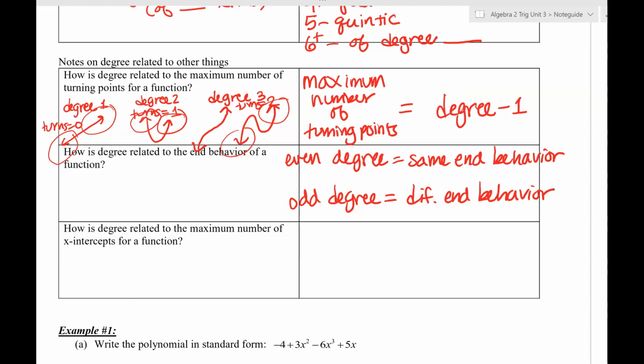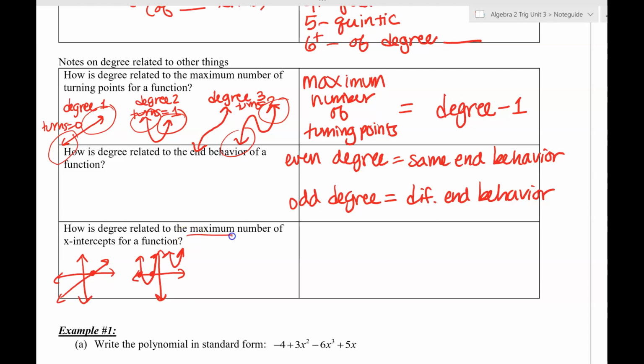So how is degree related to the maximum number of x-intercepts? So if we look at, again, a line, but we put it on the axis, the line will cross the x-axis one time unless it's horizontal, and that's kind of a special case, that constant. A parabola might cross the x-axis twice, but it might not cross at all, and there's a way for it to have exactly one solution as well.